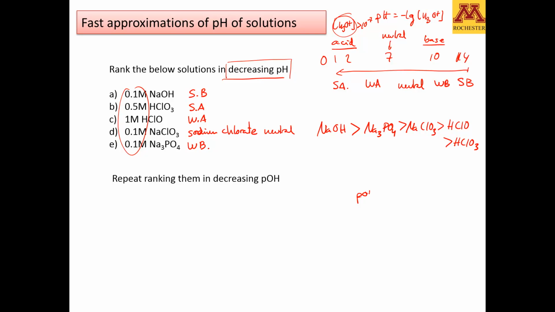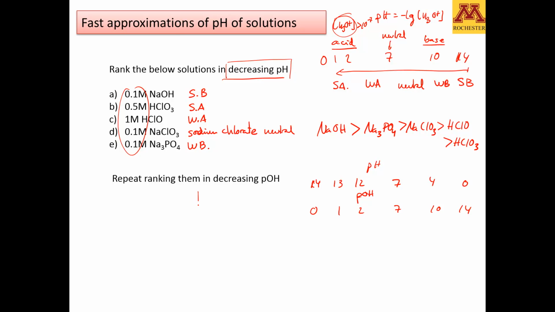Okay. Notice that this is the pH scale. The pOH scale, 0, 1, 2, 7, 10, 14, works in the opposite of the pH scale. When pH is 14, pOH is 0. When pH is 13, pOH is 1, so that when you add them up, they are all 14. 12, 7, 4, and 0.